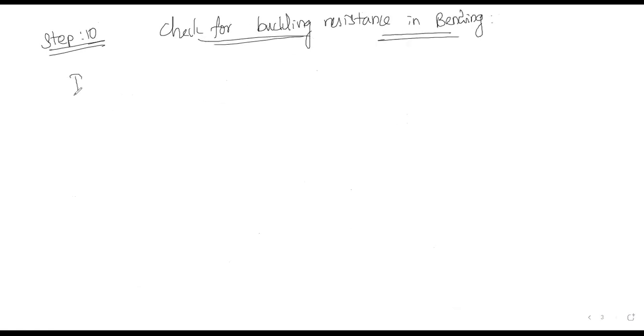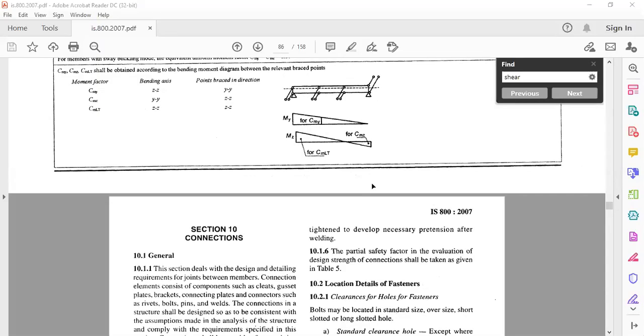For this we have to go to IS 800 2007, page number 54. So we have one formula, that is Mcr. I will show the code book right now. Okay, page number 54.